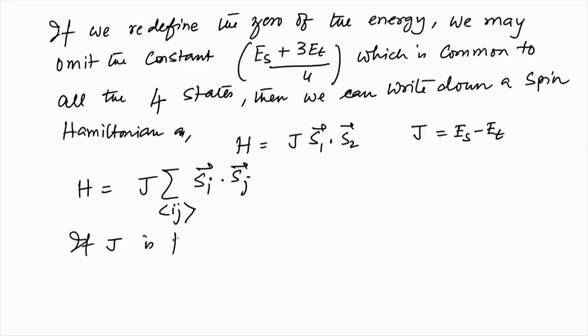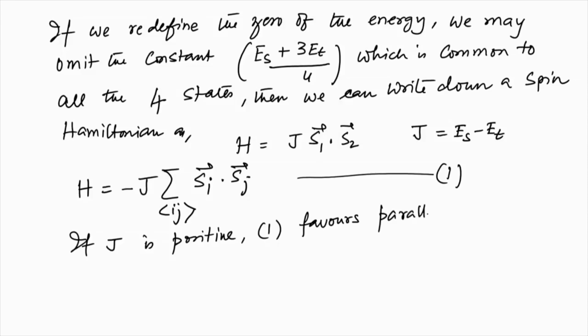So, if J is positive in this particular Hamiltonian, we can write it with a minus sign from outside, then this favors parallel arrangement of spins, which is essential for ferromagnetism.